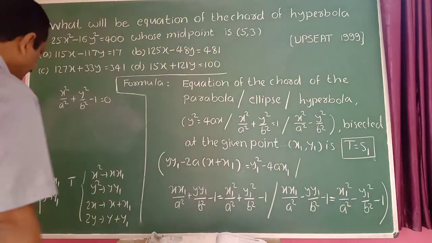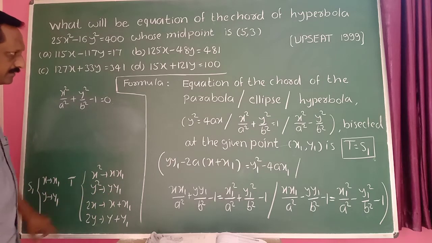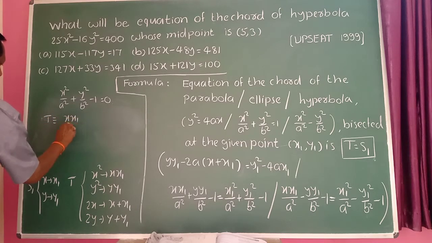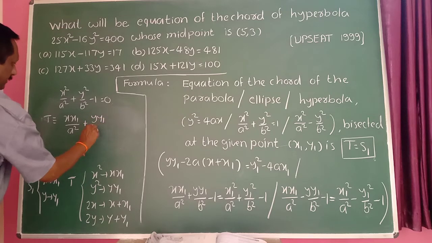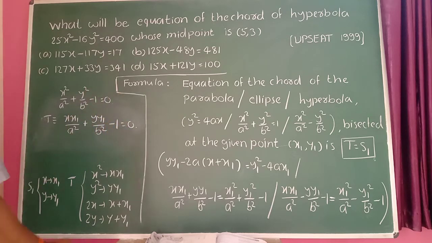T means replace x² by xx1 and y² by yy1. So T gives xx1/a² + yy1/b² − 1 = 0.